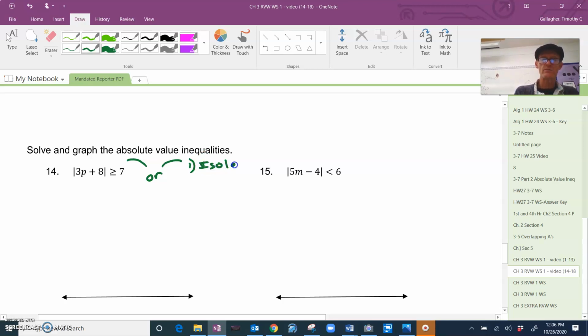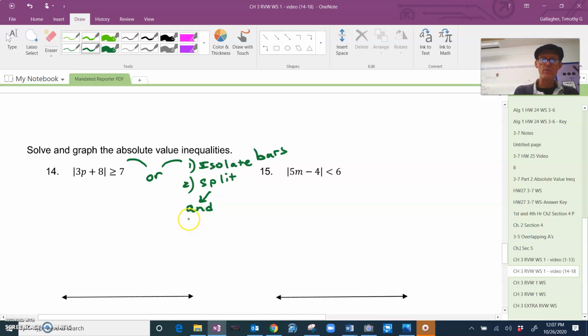Isolate the bars. And then we have to split. And when we split, we're going to write it as an AND or an OR.